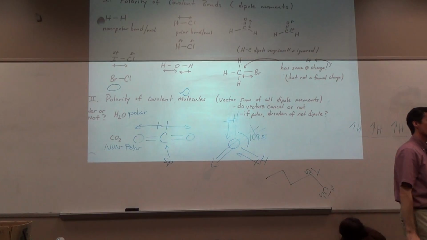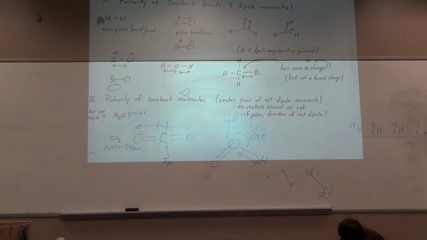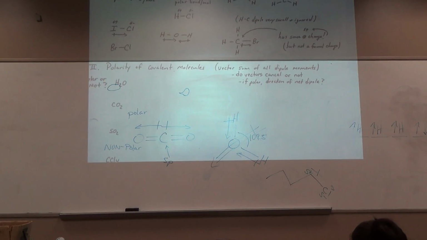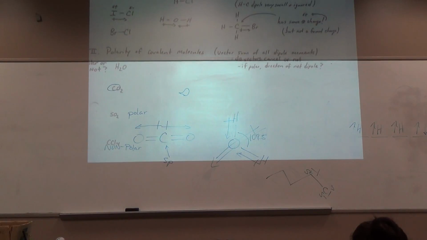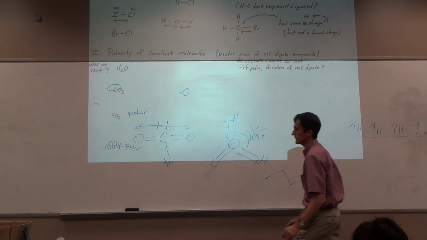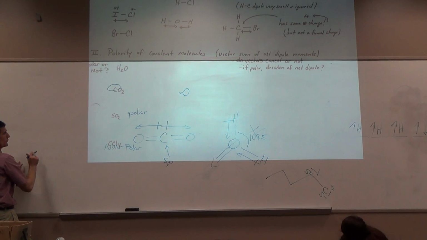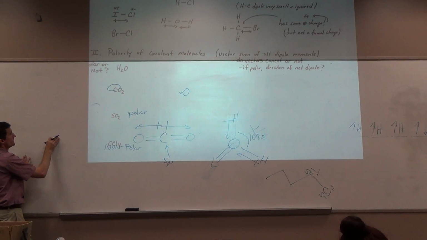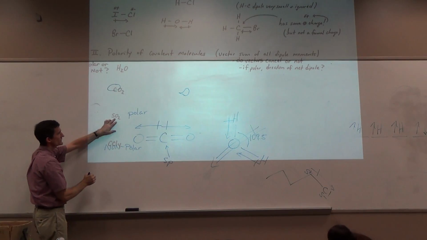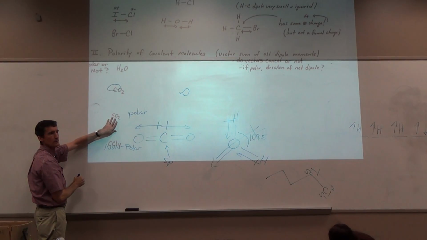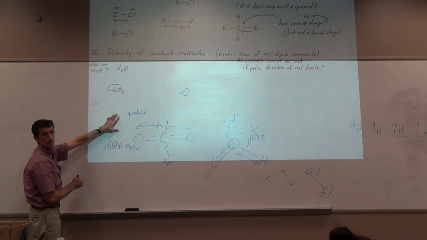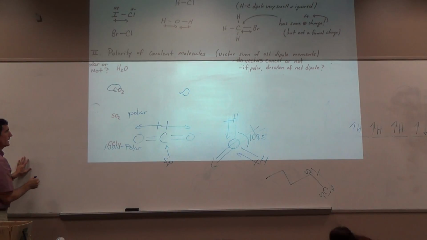Any questions about the canceling out? We'll do some other examples and see if it clears up. What about SO2, polar or non-polar? Got to do a Lewis structure. How many valence electrons? 6 each. Total? 18.